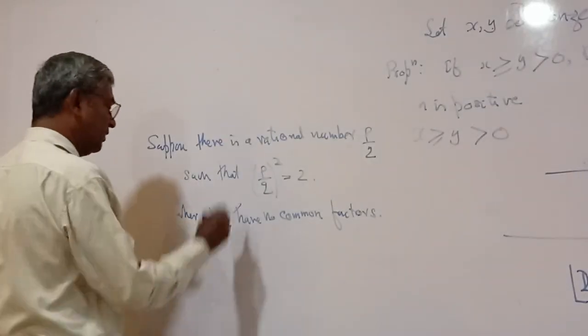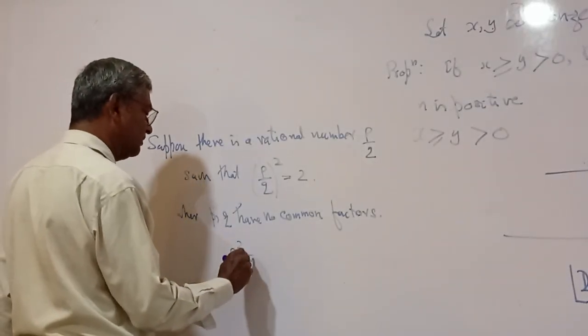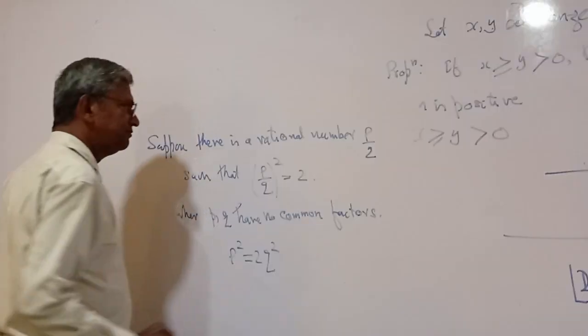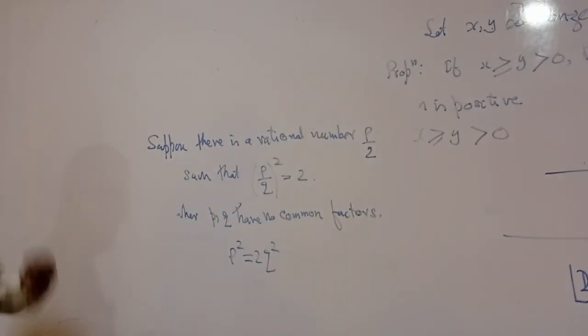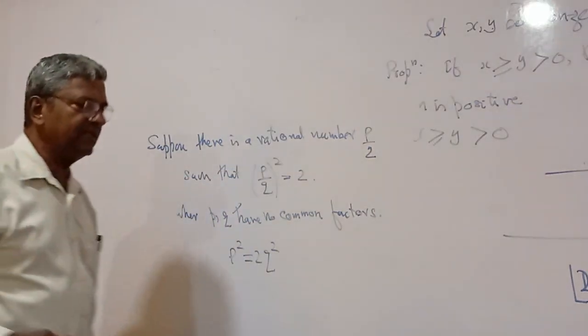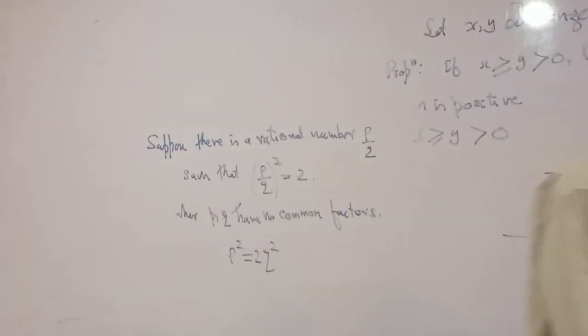Now, from here you get P squared is equal to 2Q squared. I want to get a contradiction. Here I am choosing P and Q so that they don't have any common factors.